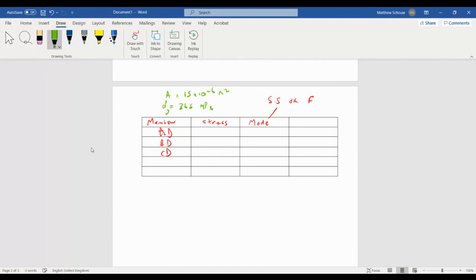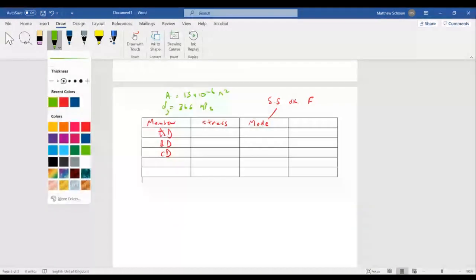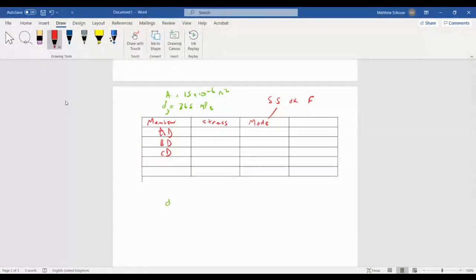How are we going to see if it's going to fail or not? Very simple for this kind of problem. We're just going to use a force over area setup, which is a very crude way of doing it, but should be sufficient.